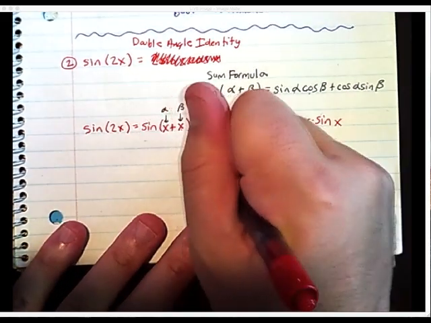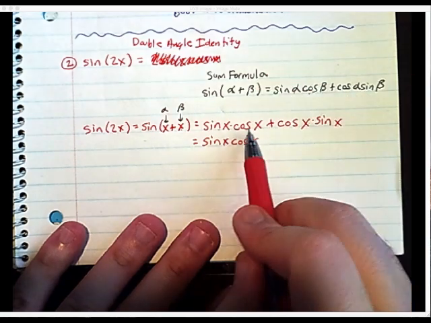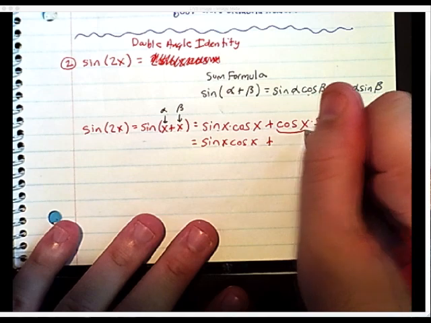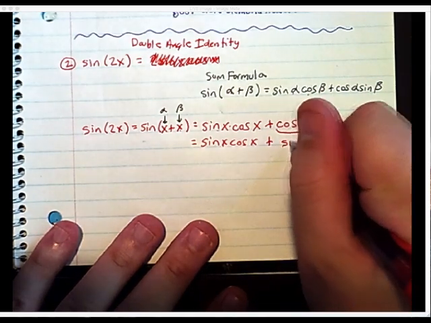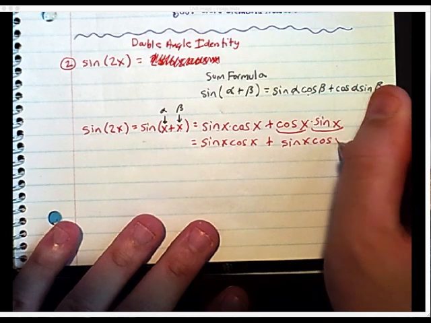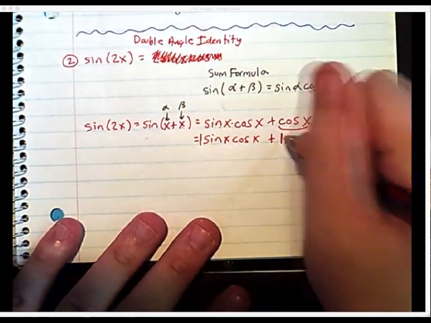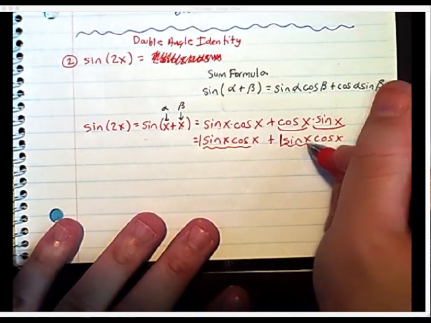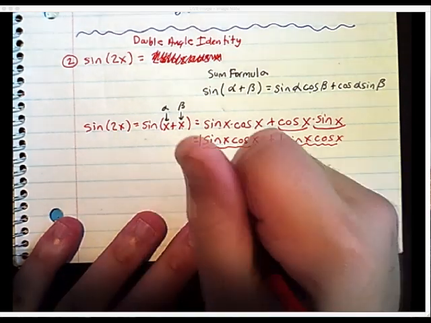Remember that multiplication is commutative, so it doesn't matter what order I multiply things in. I could actually multiply the sine first. So I can write it like that. There's an understood coefficient of 1 in front of both of those, and these things are like terms because they have exactly the same variables and notation afterward.